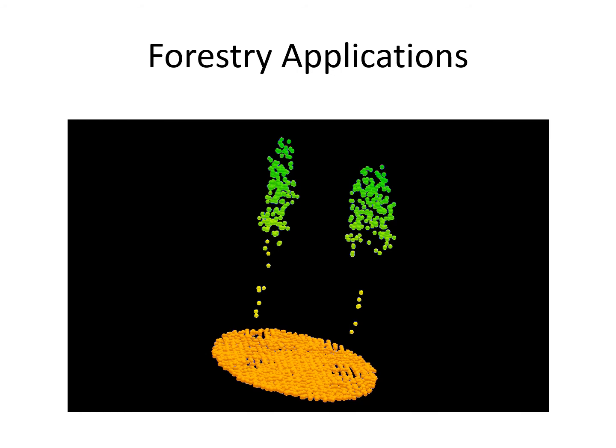Forestry applications. Here we're looking at two trees. One's bigger than the other. What could you tell from that? They're both relatively the same size. If you have the right skills in forestry, just by looking at the shape of that canopy and how far apart they are, you might be able to tell, at least at some level, what species of trees we're talking about.